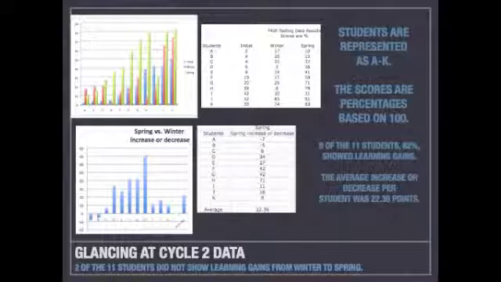Cycle 2 data ended in May with Spring FAIR administration. The first graph shows the 3 assessments side by side: initial, winter, and spring. Measuring the progress from winter to spring, 82% of the students showed learning gains.